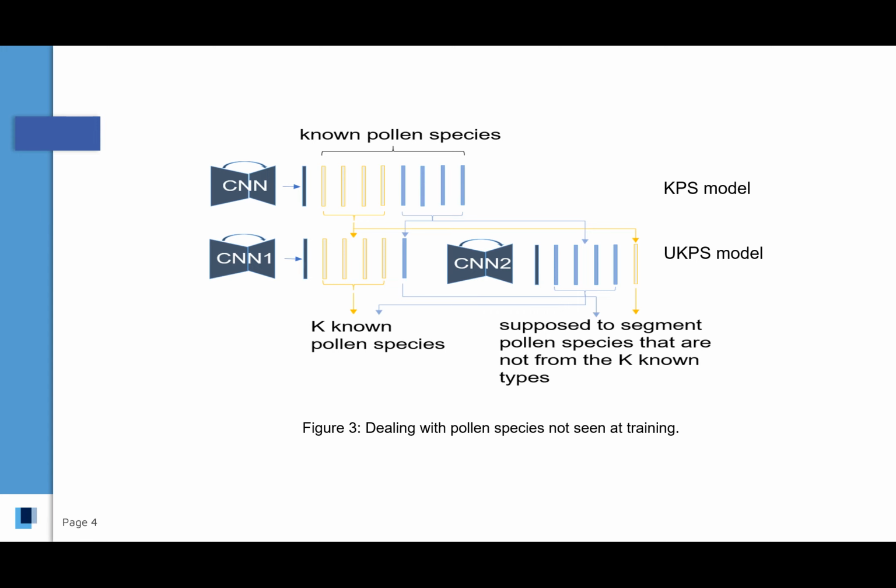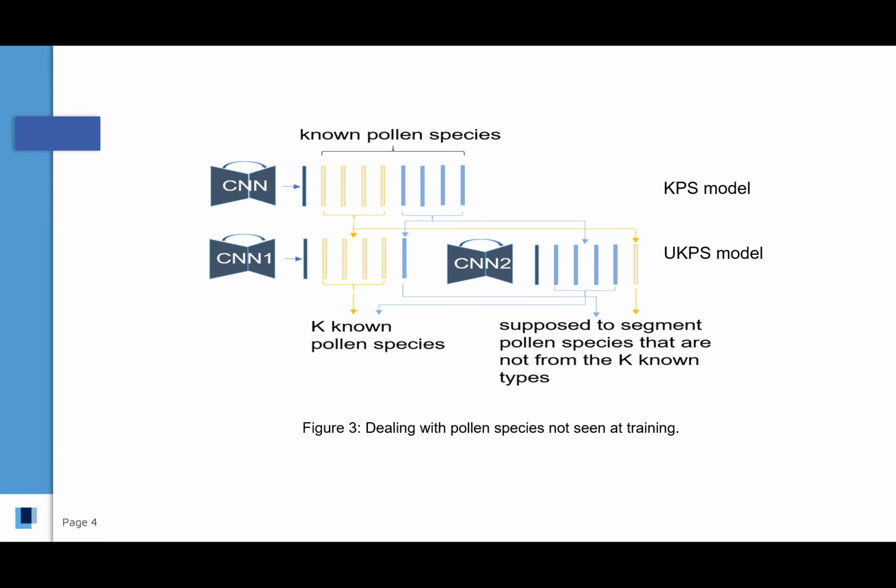Two types of pollen species segmentation CNN have been envisioned in our study, as shown in Figure 3, depending on how they define the output categories they aim at recognizing. The first one, named the known pollen species, KPS, is certainly the most natural.